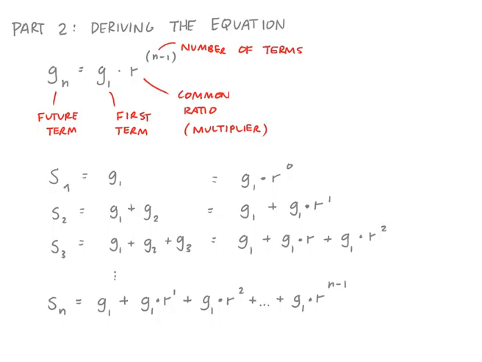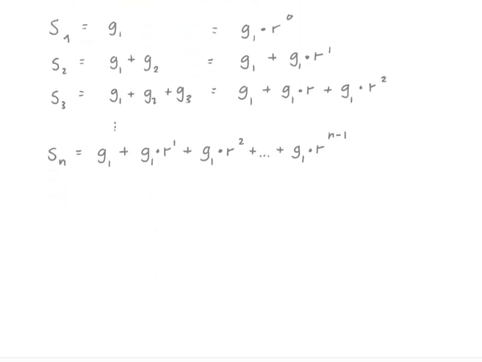So here's our summation for Sn. Now, similar to what we did in the sample, we can take this entire thing here and multiply it by the common ratio, by the multiplier, by R. So I can say, well, okay, R Sn is going to be equal to all of these things here multiplied by R. So the first term is going to instead become G1 times R. And the second term is going to be G1 times R to the second.